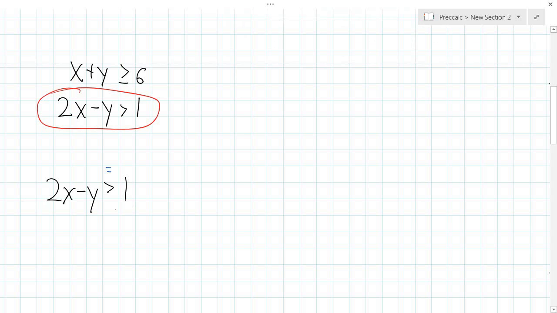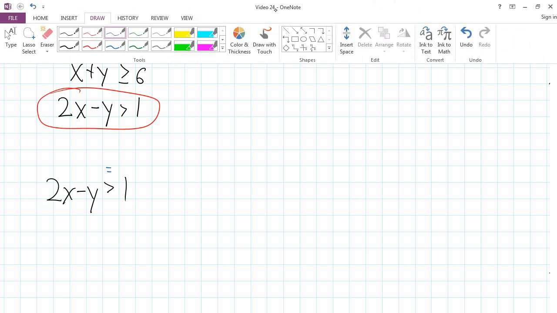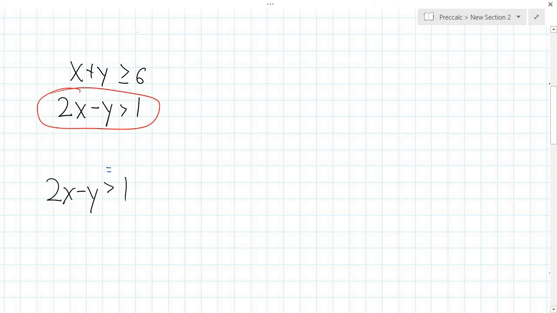So let's review how to graph lines. The first thing that you want to do when you graph a line is to put it in slope-intercept form, meaning that you get the y variable alone. You solve for y. So here we go.